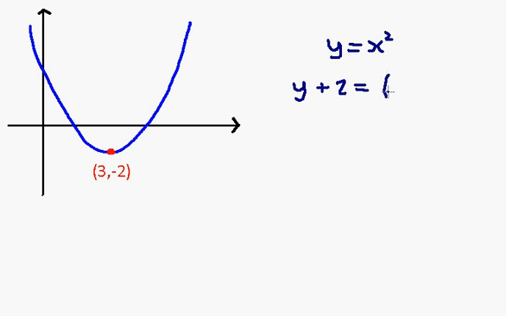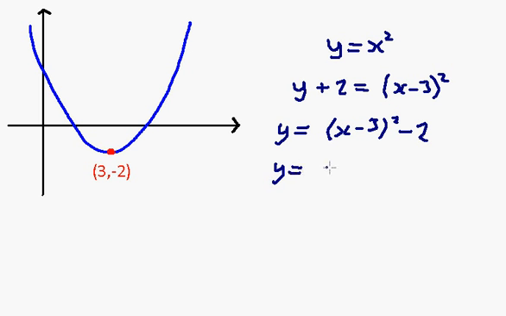And the x is going to get replaced with x take away 3. So the sign changes, in other words. And that's squared. Okay, so I'm going to take 2 from both sides. So now it's in completed square form with the vertex at 3, minus 2.